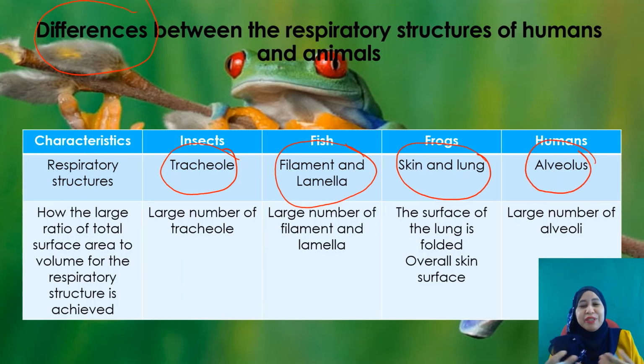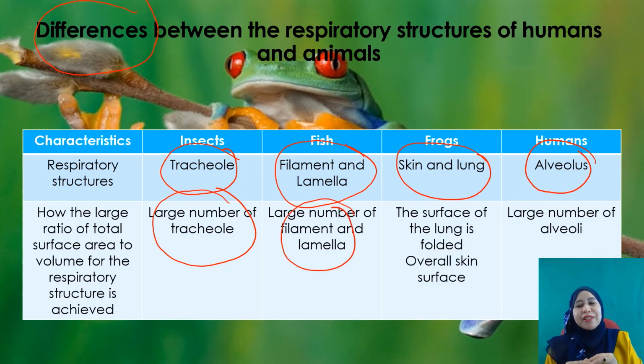And how does this respiratory structure achieve an increased TSA, total surface area over volume ratio? So for insect, there are a large number of tracheoles. For fish, there are a large number of filament and lamella.